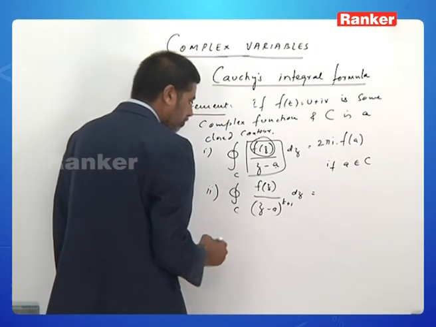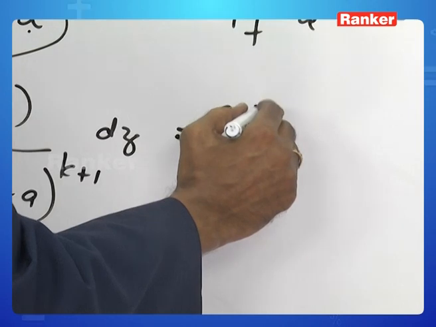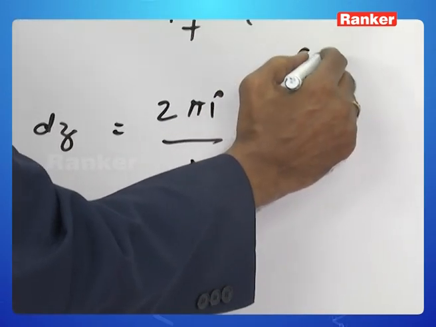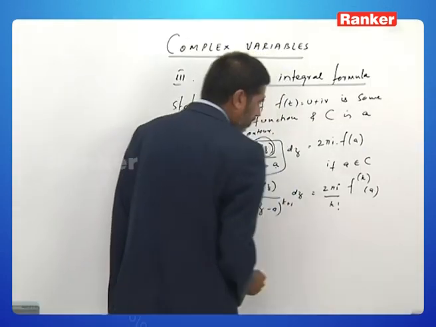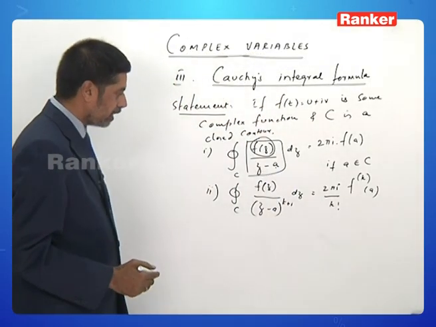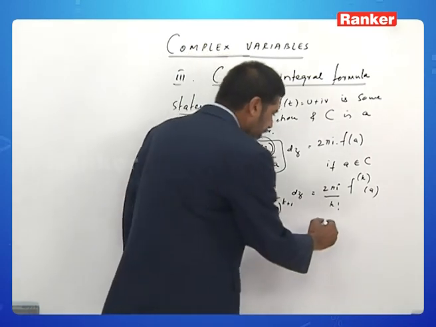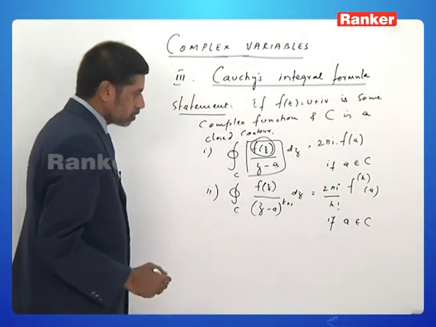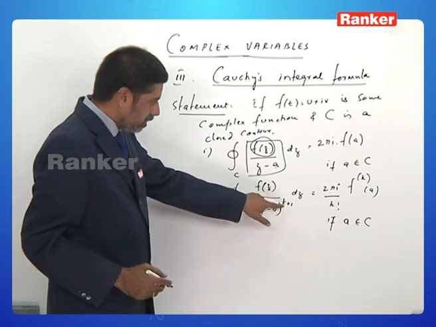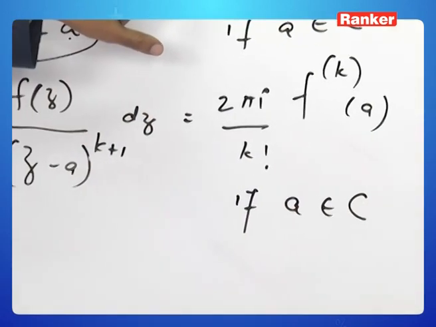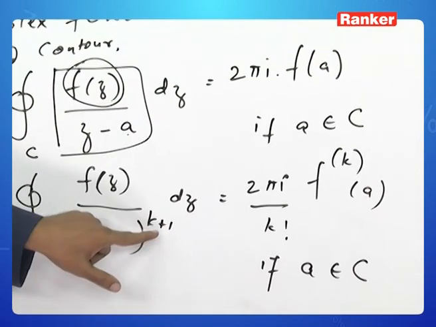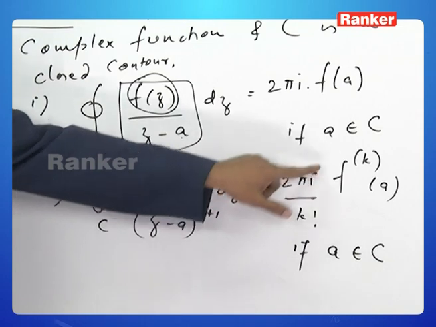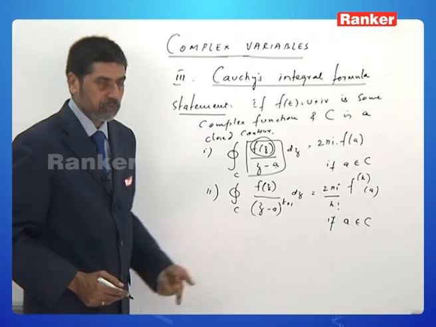This will be 2 pi i by k factorial times the kth derivative of the function evaluated at that point, again if a is inside the contour. Specifically for k equal to 0, you get back this formula. If you got a square here, k becomes 1 and you will get 2 pi i by 1 factorial into f dash a, and so on and so forth.